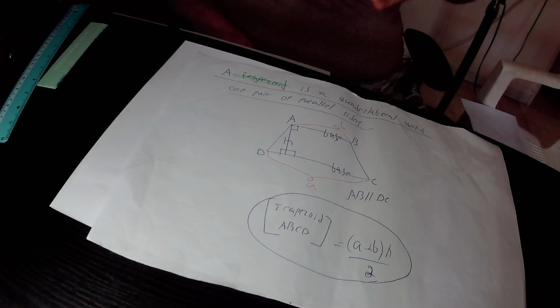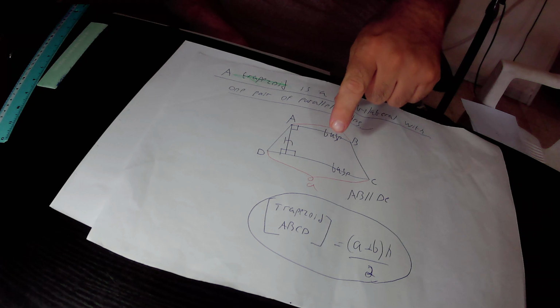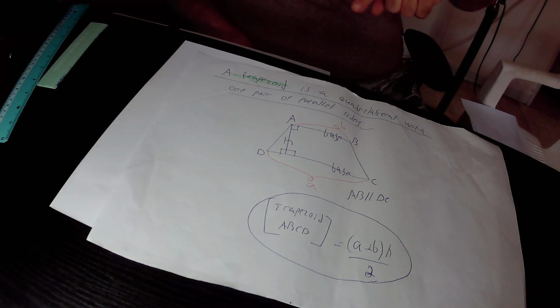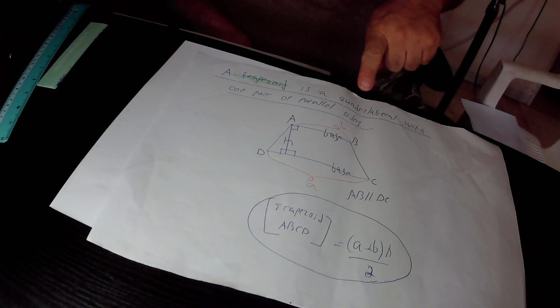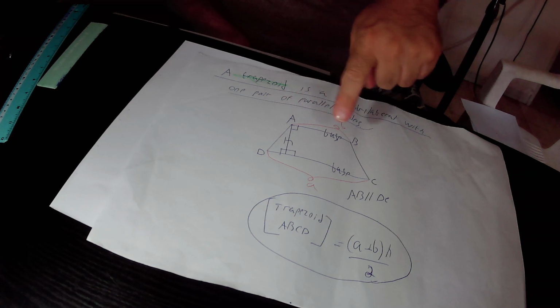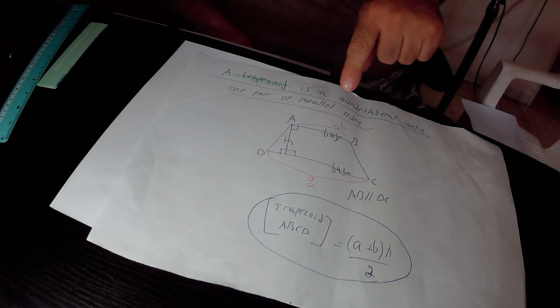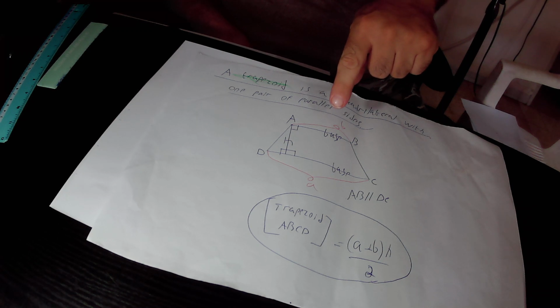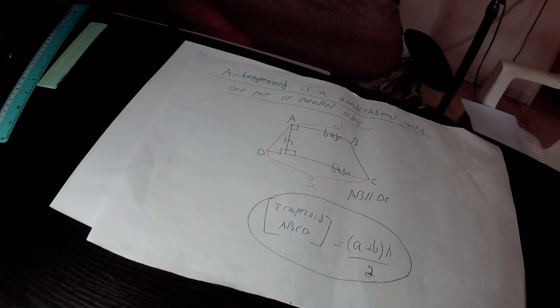So what is the area of this trapezoid ABCD? The area of any trapezoid is equal to the sum of its 2 parallel bases, actually AB plus DC, but we define them as A and B, times the height H over 2.